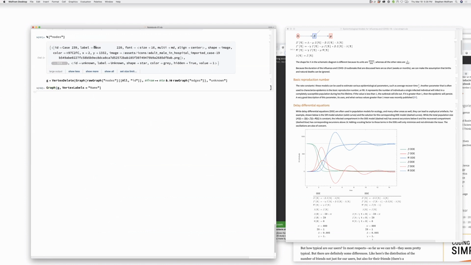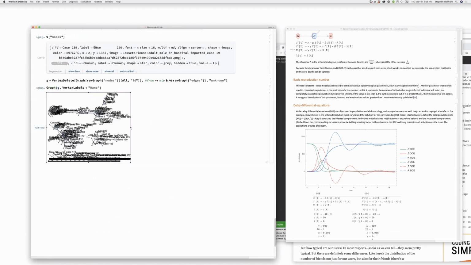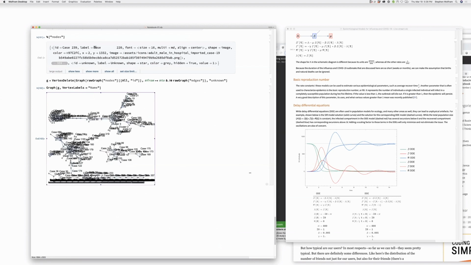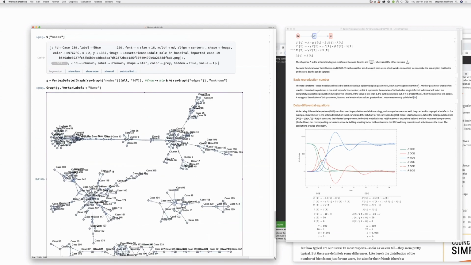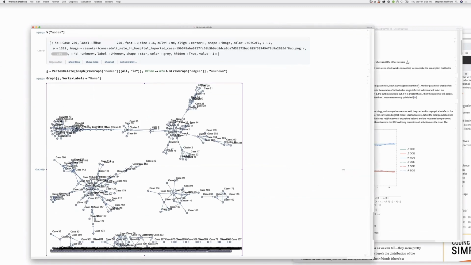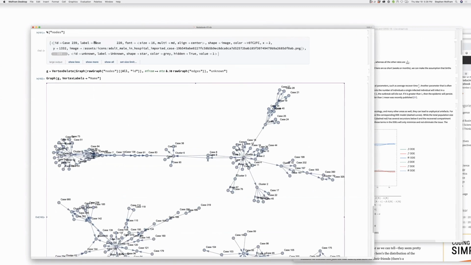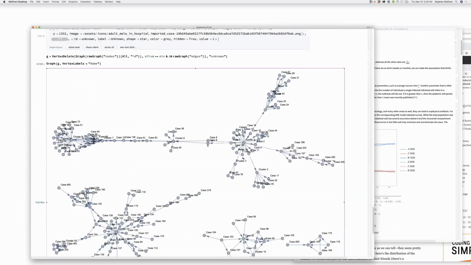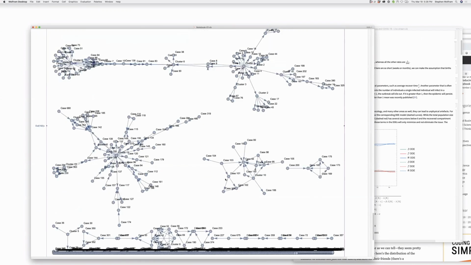Oh, wowee. Okay, well, that's the answer to whether that tells us which thing is a case and which thing is a cluster. You could also do this if you say VertexList of G, and then just say Select.